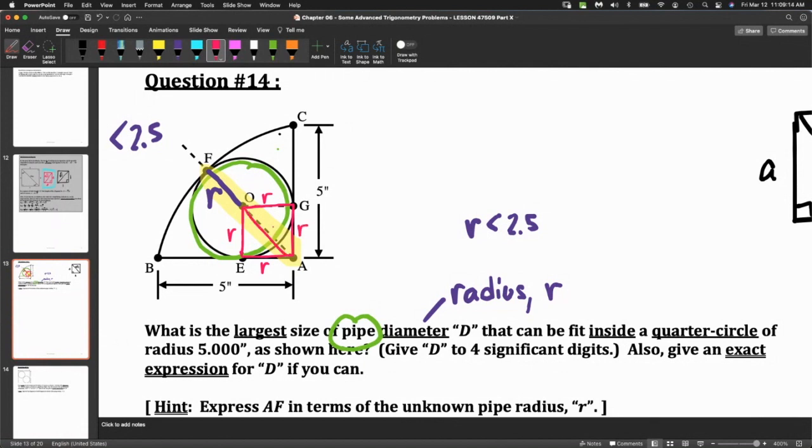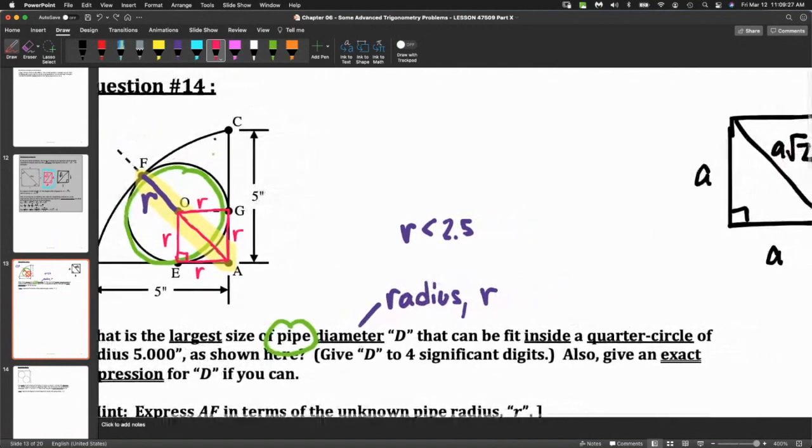What was the pattern I was talking about 5 minutes ago? What's this length here? It's the pattern right here. It's r root 2. Do you see that?